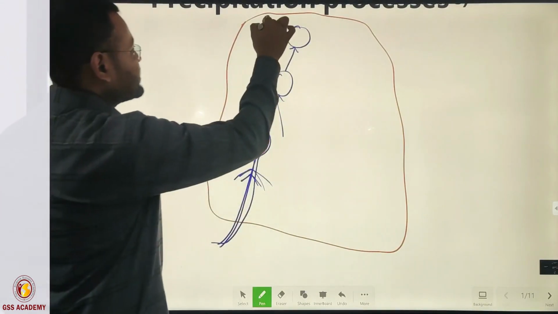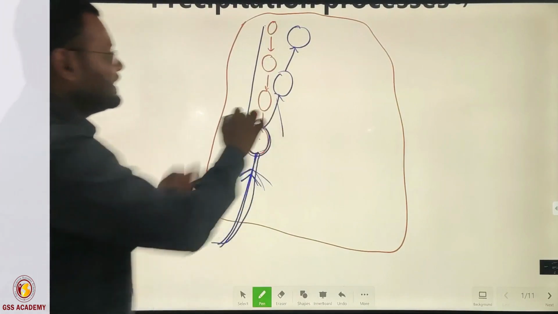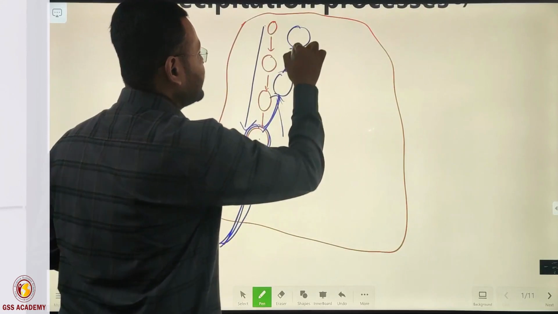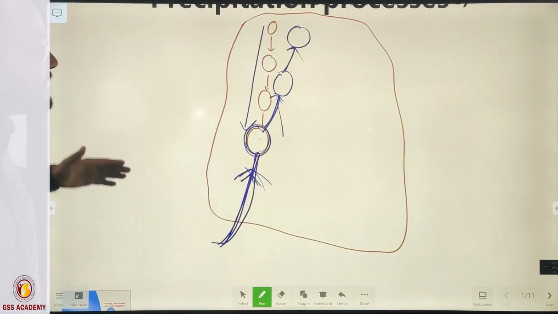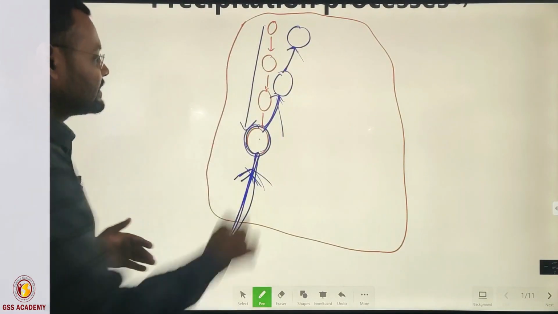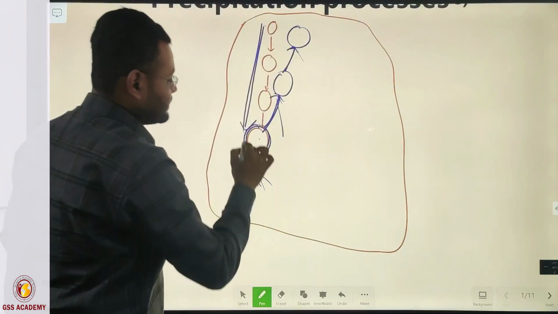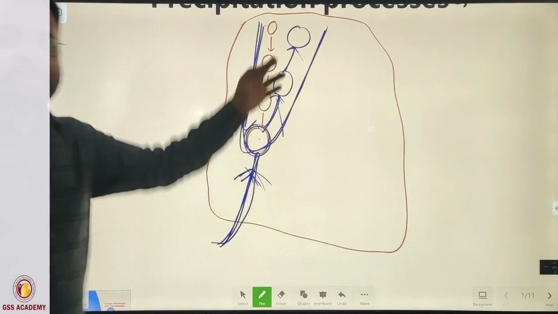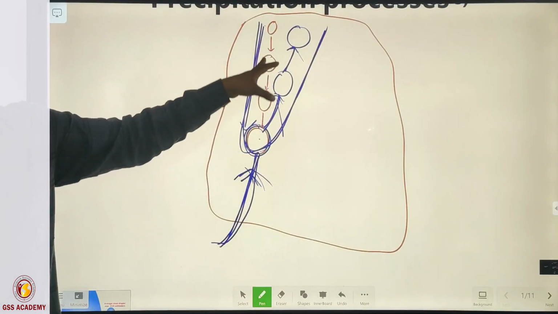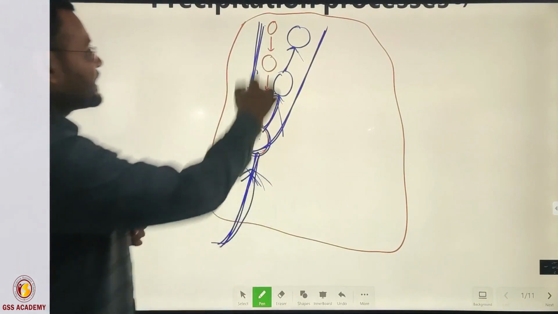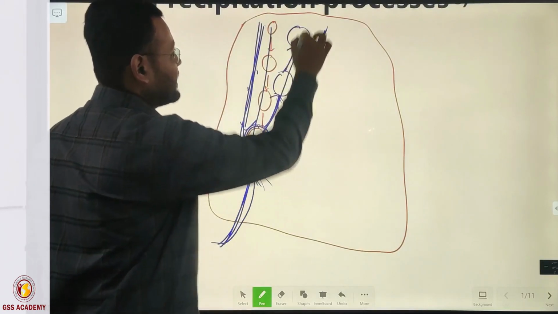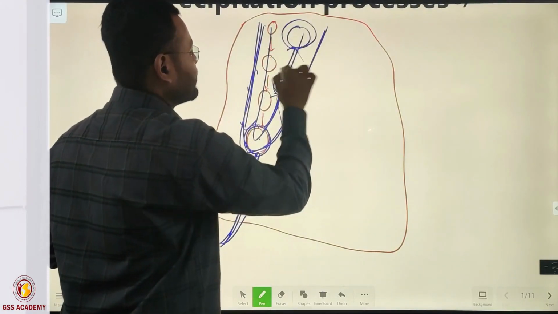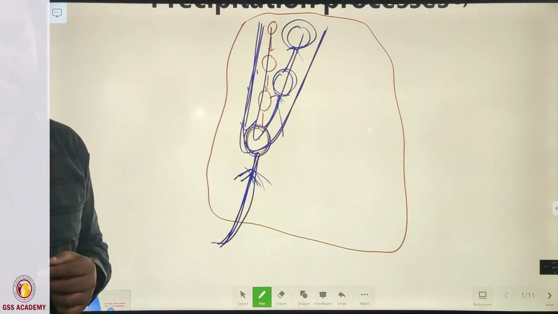Now you can see this droplet was leaving the cloud, but due to this updraft, it is again traveling into the cloud. That means this is the total length of time this particular droplet is spending within the cloud. During this time period, by means of the collision and coalescence process, the size of this droplet will also increase.